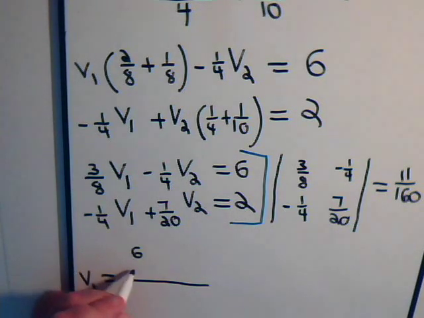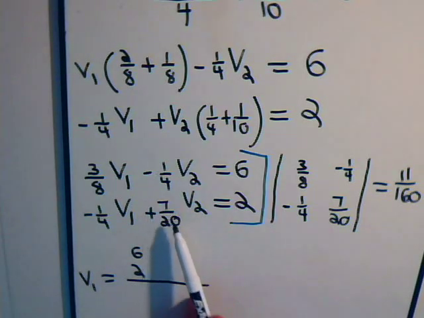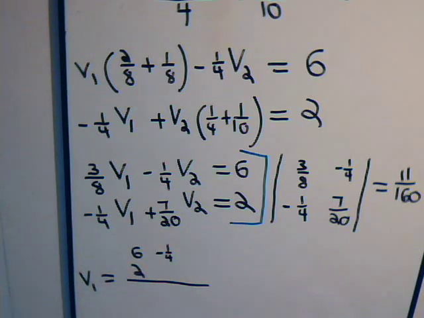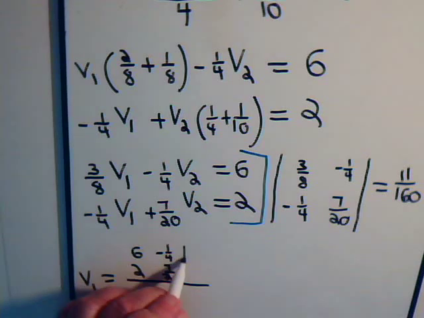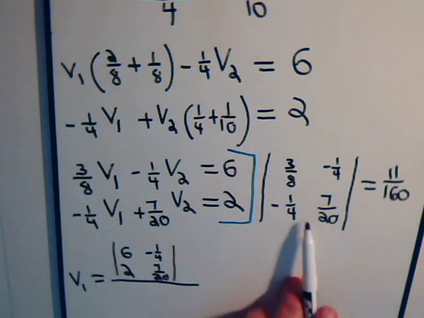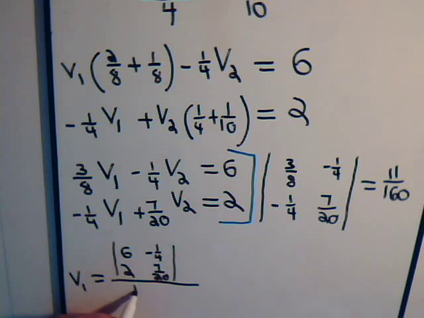So we're going to form a different determinant now. This column stays the same. And this determinant is divided by the numerical value of this determinant, 11 over 160. So let's see what this gives us.